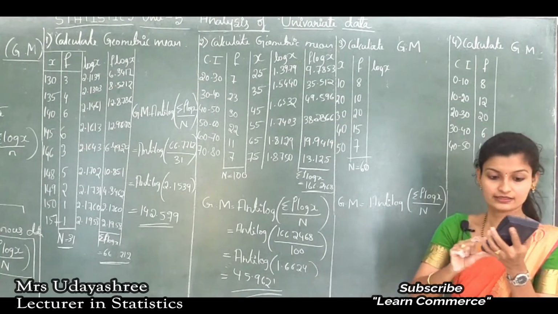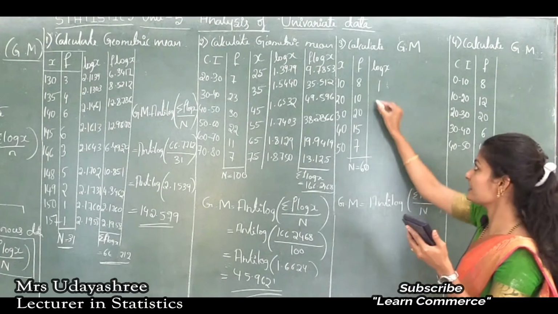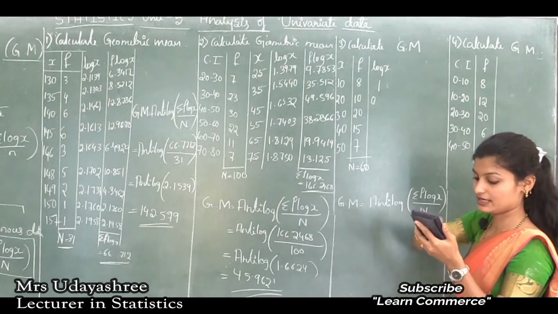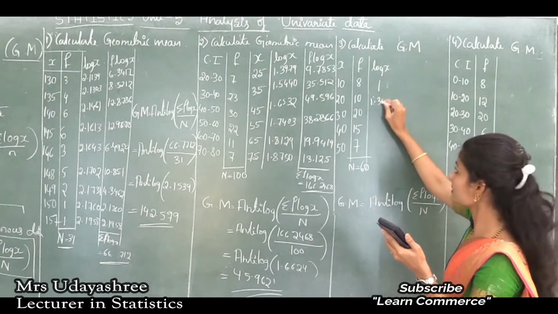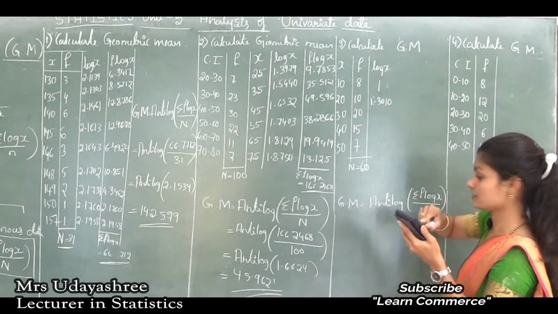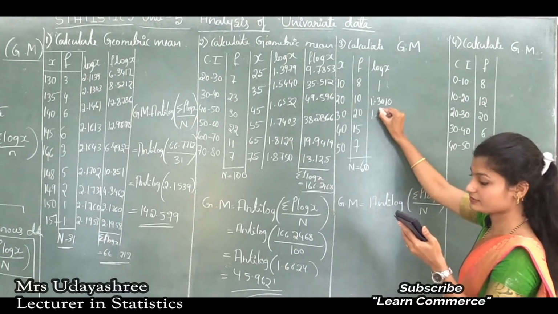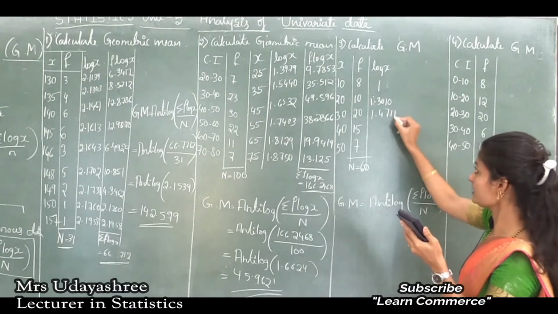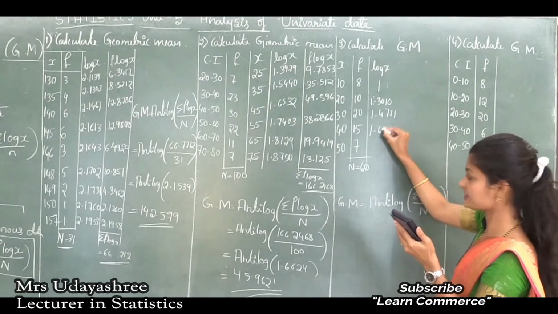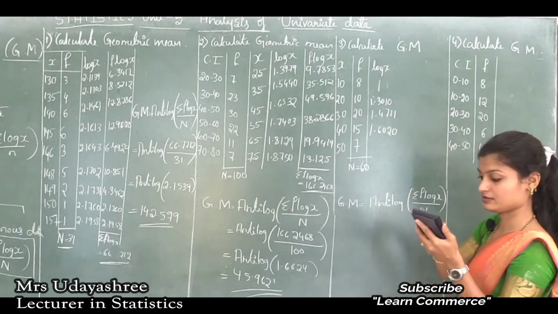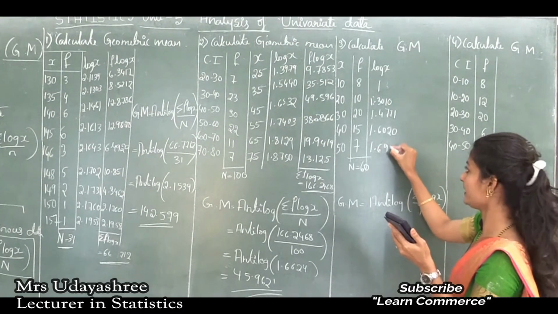Log 10 is 1, then log 20 is 1.3010, then log 30 is 1.4771, next log 40 is 1.6020, then log 50 is 1.6989.